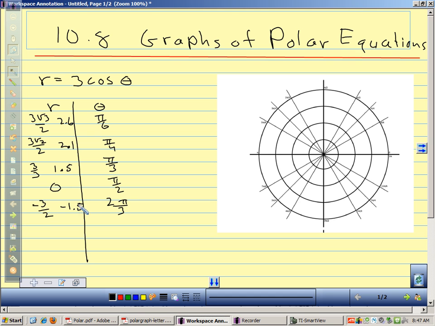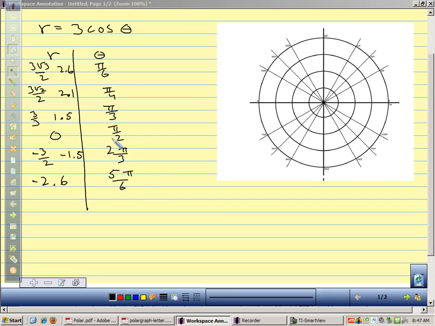At 5 pi over 6, we end up at minus 2.6. I'm getting these just by plugging theta in and calculating. At pi, we get negative 3.